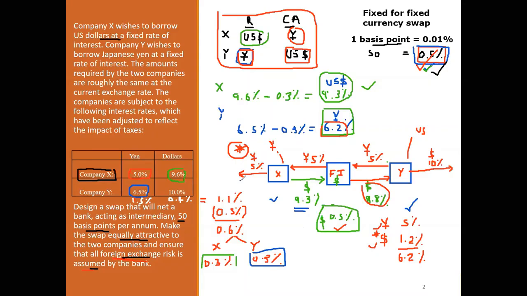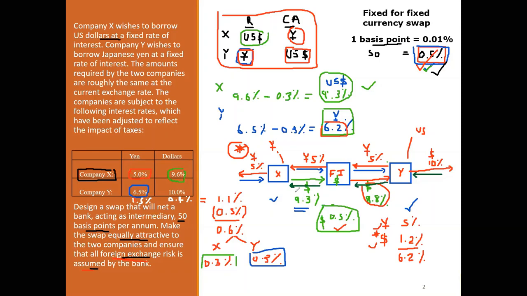The financial intermediary would give this principal amount to Y, and Y will get the yen amount that it needed. And for the dollar amount, Y would get the borrowed principal dollar amount, and Y will give this principal dollar amount to the financial intermediary, and the financial intermediary will give the principal dollar amount to X.